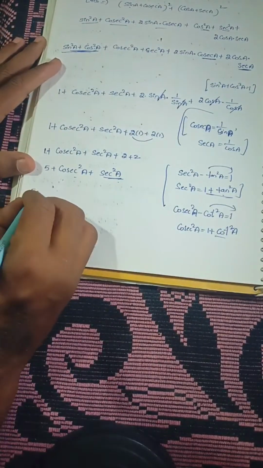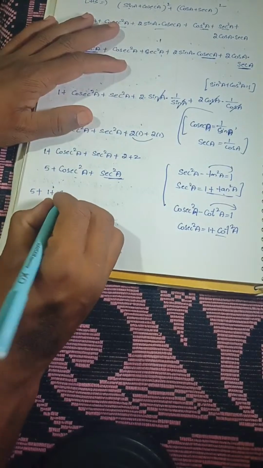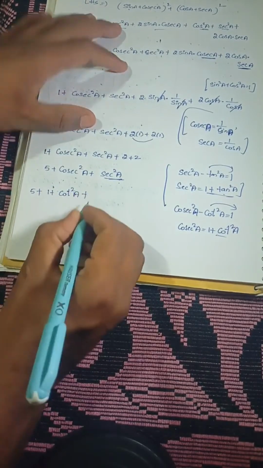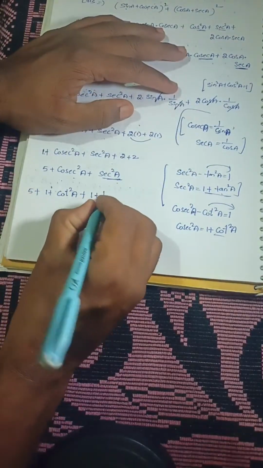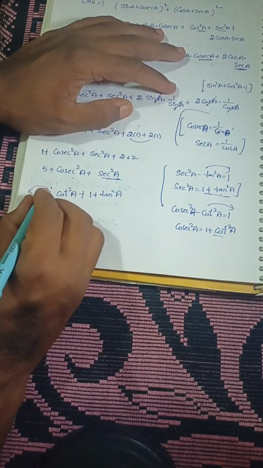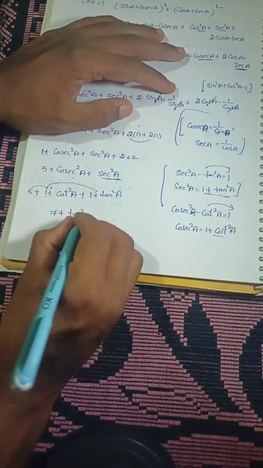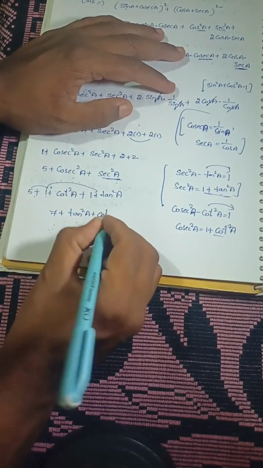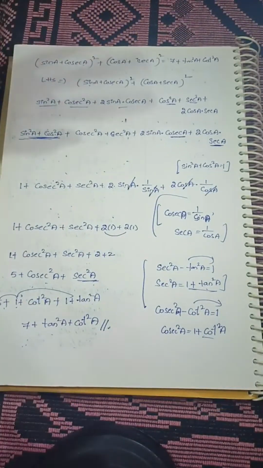See, 5 plus, in place of cosecant square we are writing 1 plus cot square A plus, in place of secant square A we are writing 1 plus tan square A. 5 plus 1 is 6, 6 plus 1 is 7, 7 plus tan square A plus cot square A. That's it. This is the entire problem.